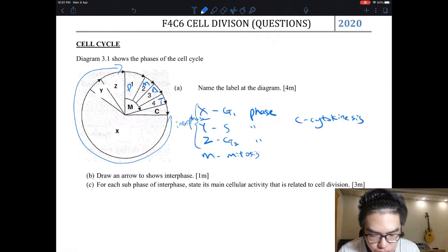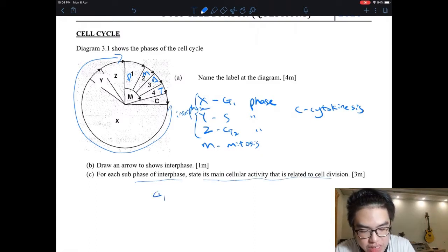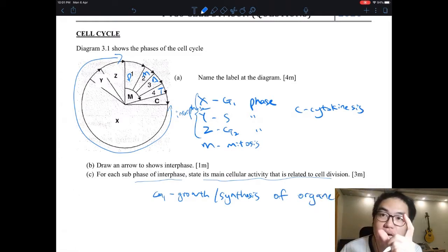So for each phase of the interphase stage, state the main cellular activity. G1, what happens here? This is called the growth phase, growth or synthesis of organelles. Remember, before I separate my cell, I need to have 2 sets of every organelle.